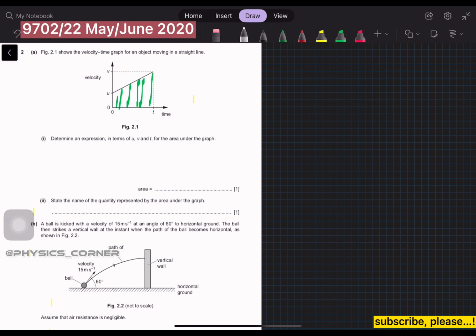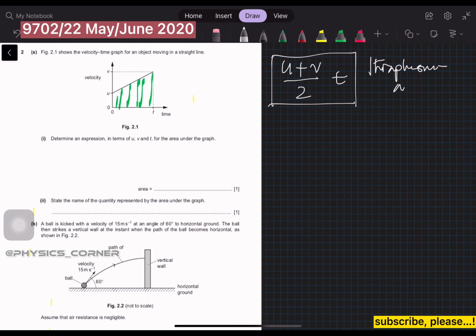It is the same as u plus v divided by 2 times t. This is actually the trapezium area.